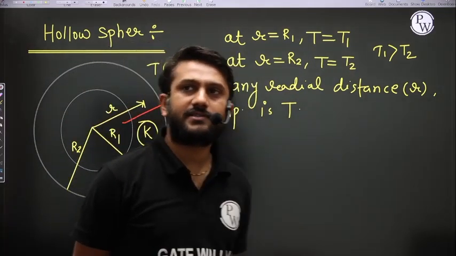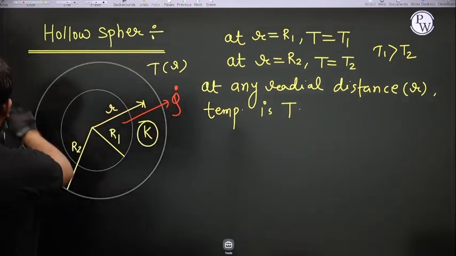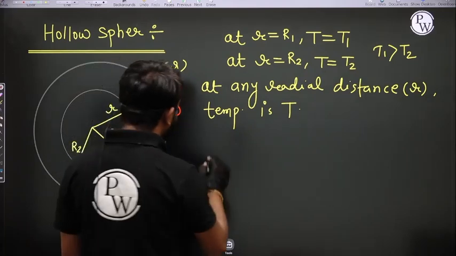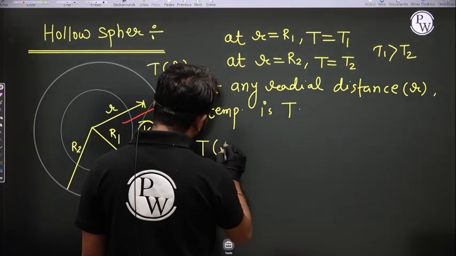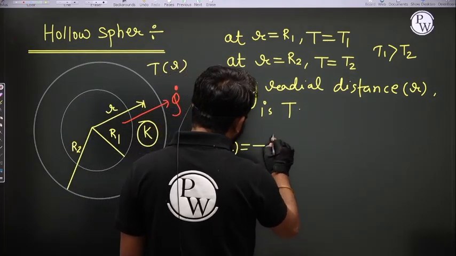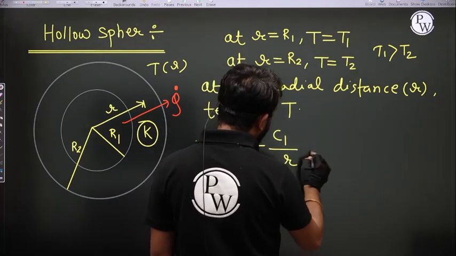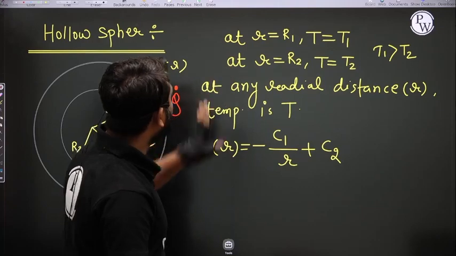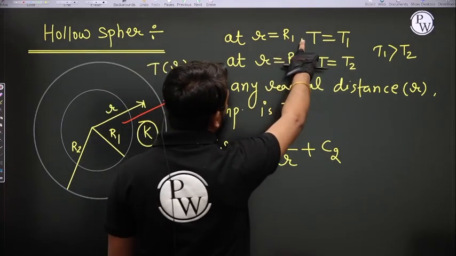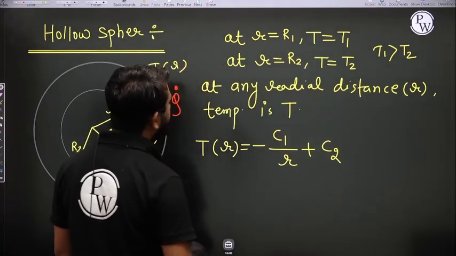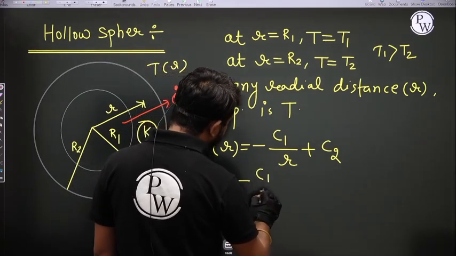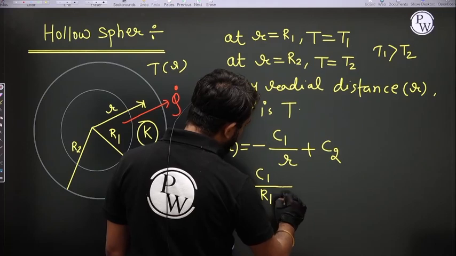So first, find the temperature variation with R. To find it, I directly start from here. T of R is equal to minus C1 by R plus C2. Two boundary conditions are required. At R equal to R1, T is equal to T1: T1 equals minus C1 by R1 plus C2.